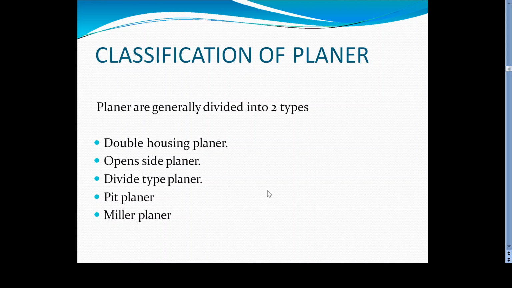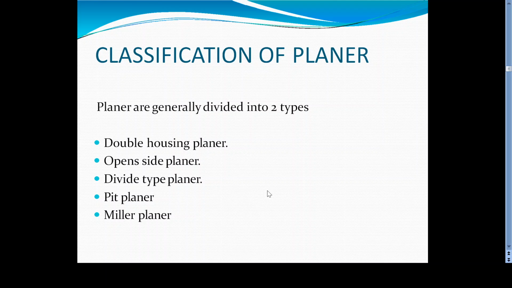The classification of the planer. There are different types of planer based on the design and its requirement. Double housing planer consists of two housings, two columns on both sides of the bed. Then the open side planer has only one side column and the other side is open. The divide type planer has two beds which are divided into two pieces.